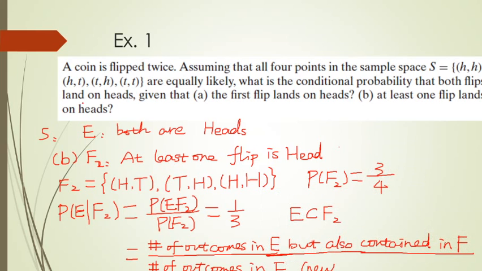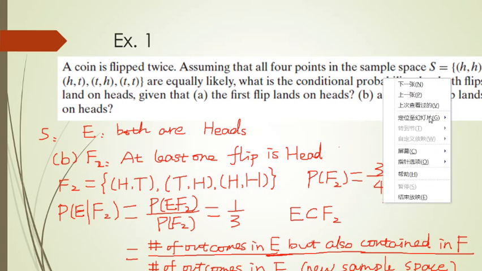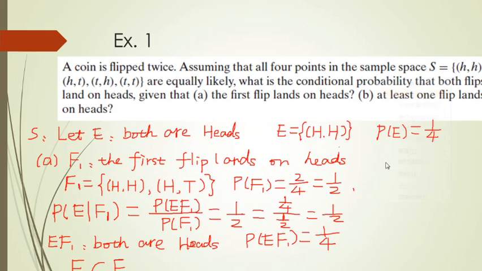You can check that the previous question also applies the same: the number of outcomes in E but also contained in event F over the number of outcomes in event F.